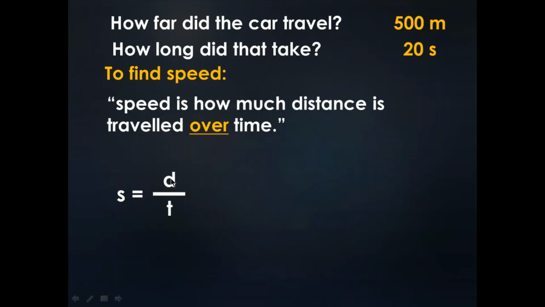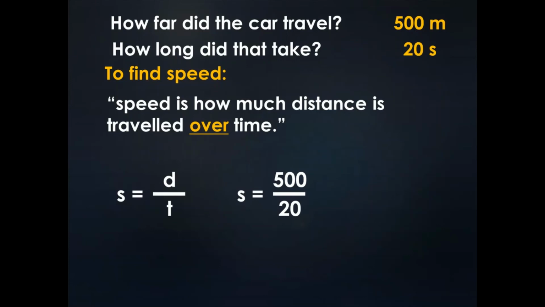We've got distance and time. Now normally I would put this underneath, when you're doing your working, I want you to make sure you put it underneath, but just because of the shape of the screen here, you need to put it sideways. Speed is 500 meters divided by 20 seconds. You might want to put that into your calculator, see if you get the right answer. Pause the video just now if you want to check.